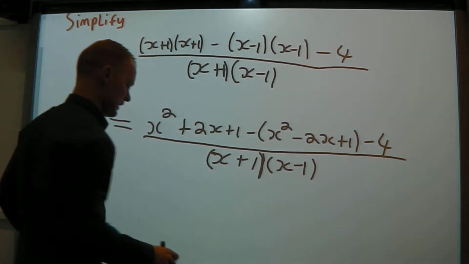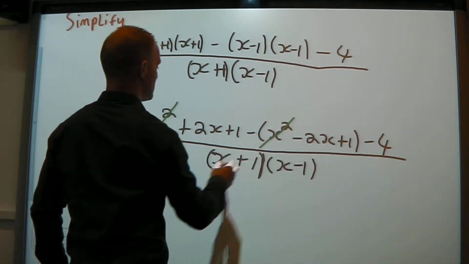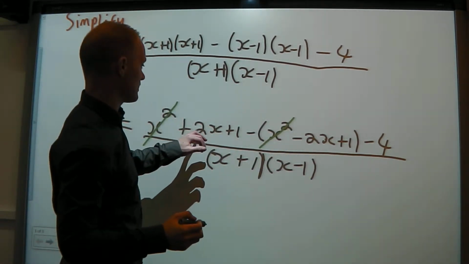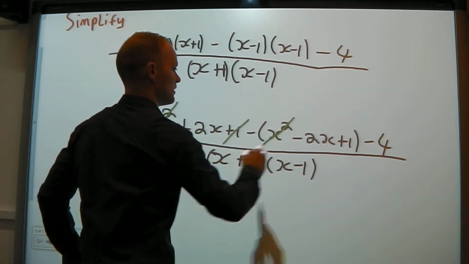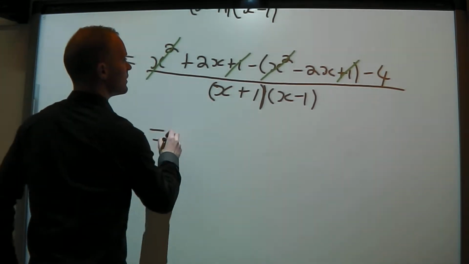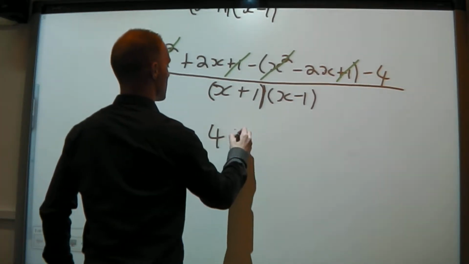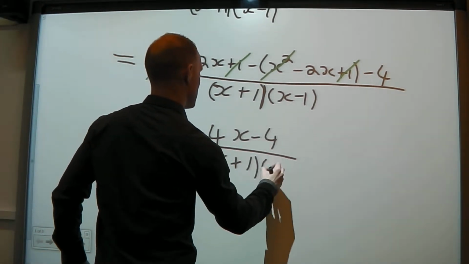Now we can see that these x squared will cancel. I'm just going to keep it in brackets for a minute. This x squared will cancel with this x squared, and this 2x and that 2x will make 4x. But this plus 1 will cancel with the negative 1. So what we're left with is 4x minus 4 all over (x plus 1)(x minus 1).